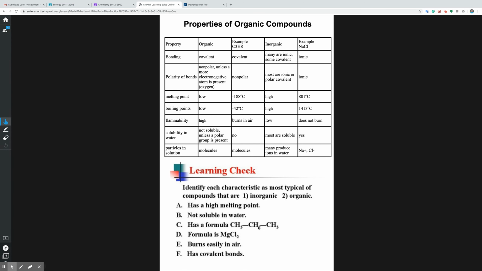It has carbons and hydrogens, and that's it. The formula is magnesium chloride. There's no carbon in it, so it's inorganic, and it's also an ionic compound, so it's inorganic. Burns easily in the air, that's organic. Has covalent bonds? That can be both, but all organic compounds have covalent bonds, and only some inorganic compounds have covalent bonds.